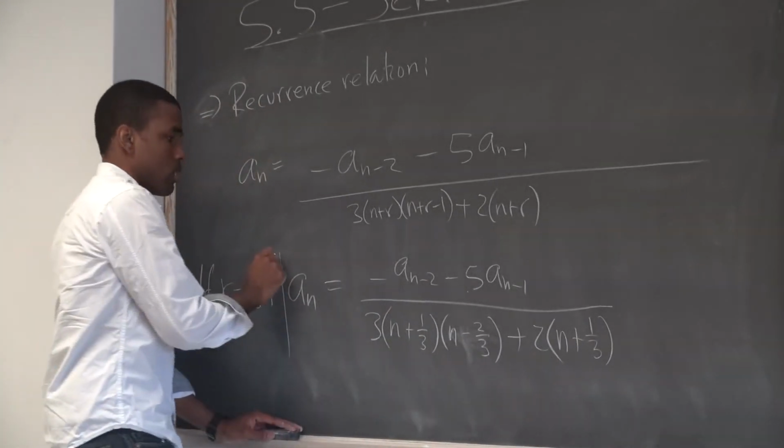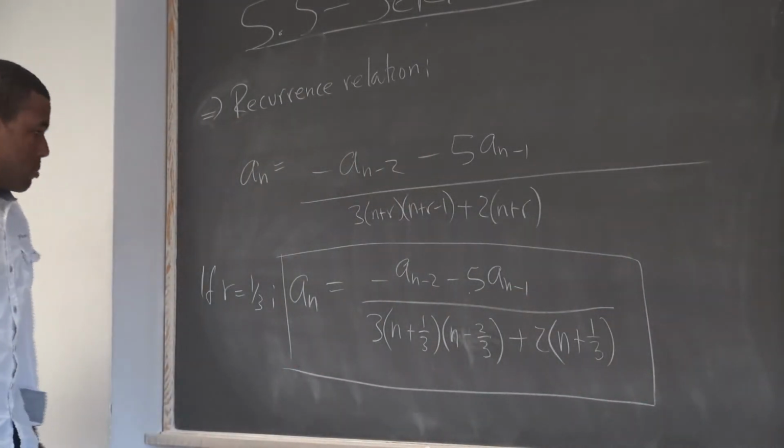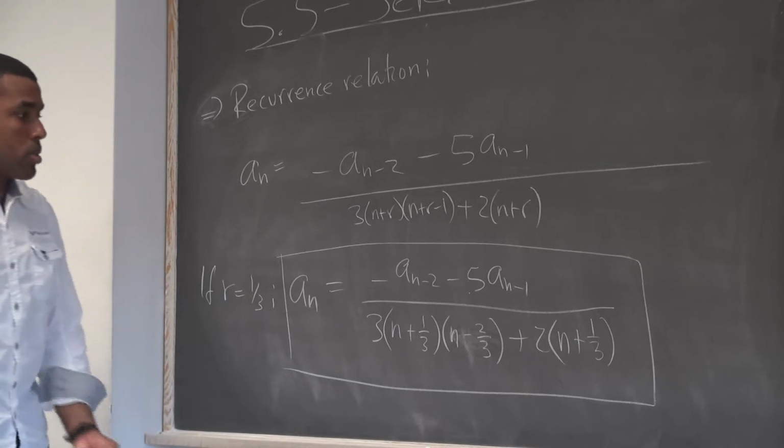I leave it with that. You could simplify it to get rid of complex fractions, but I wouldn't worry about it. So that was the recurrence relation.